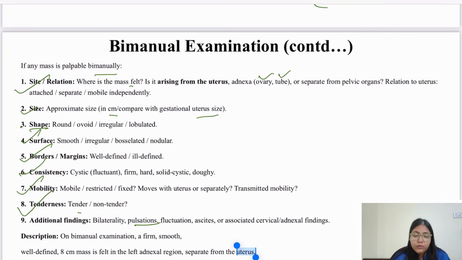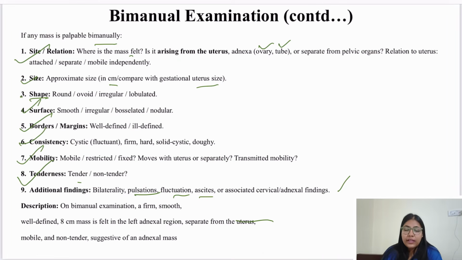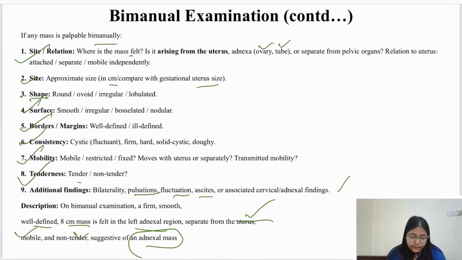You look for any pulsation, any fluctuation, ascites, and whatever cervical or adnexal finding is there, you just note it down. So how do you describe a bimanual examination? You describe it as: on bimanual examination a firm, smooth and well-defined mass of this many centimeters is felt in the left adnexal region separate from the uterus, which is mobile, non-tender and suggestive of adnexal mass.